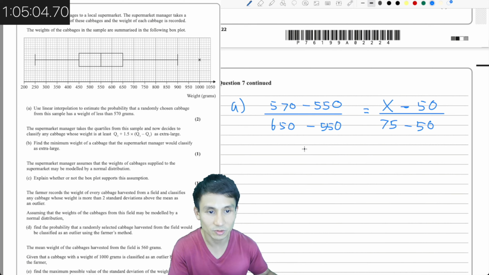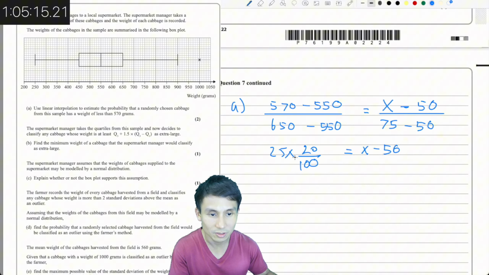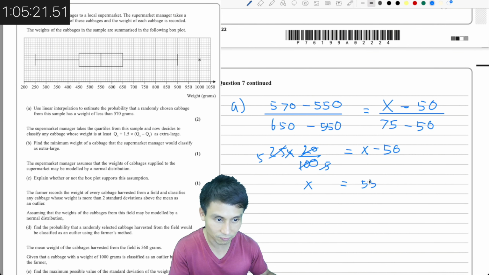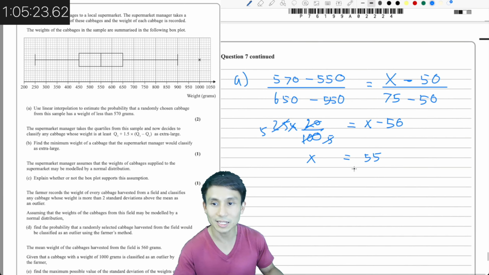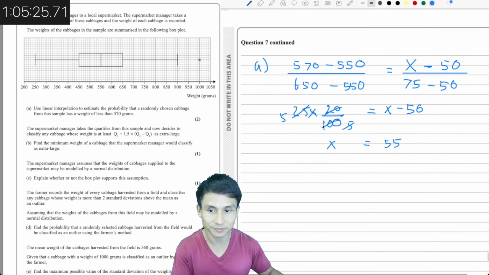So this is 20 over 100 equals, this is times 25, as I said earlier. So x equals, this is 5 here, so this is 55. So we know that less than 55%.